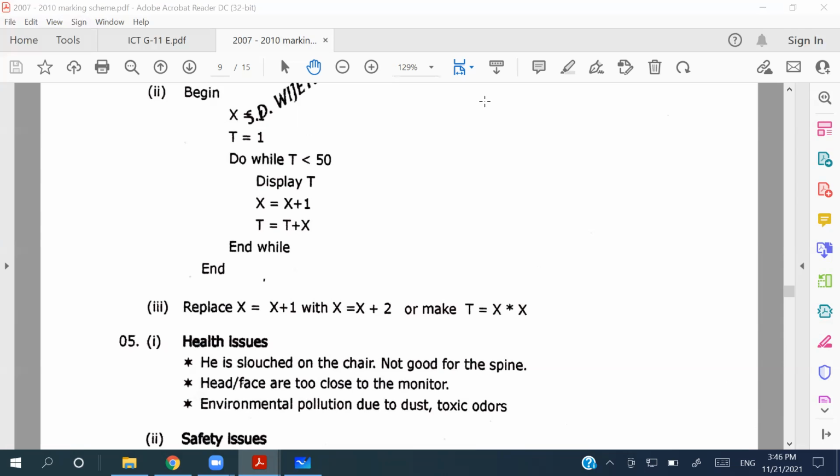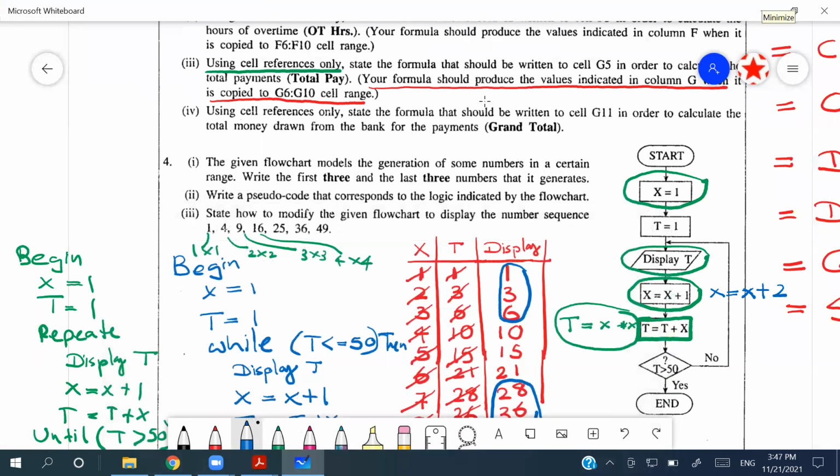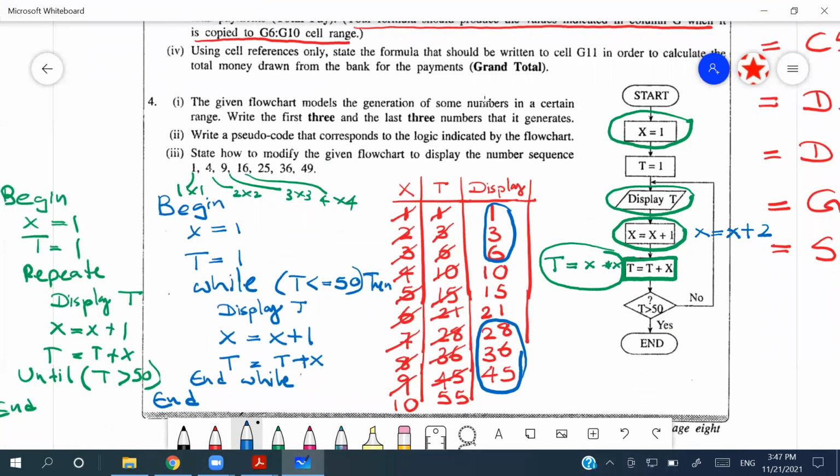So how are we going to give the marks? For writing the first 3 and the last 3 values, I'm going to give you 4 marks. So the first question, 4 marks. If you do not have all 6, if any one component is missing, reduce 1 mark.